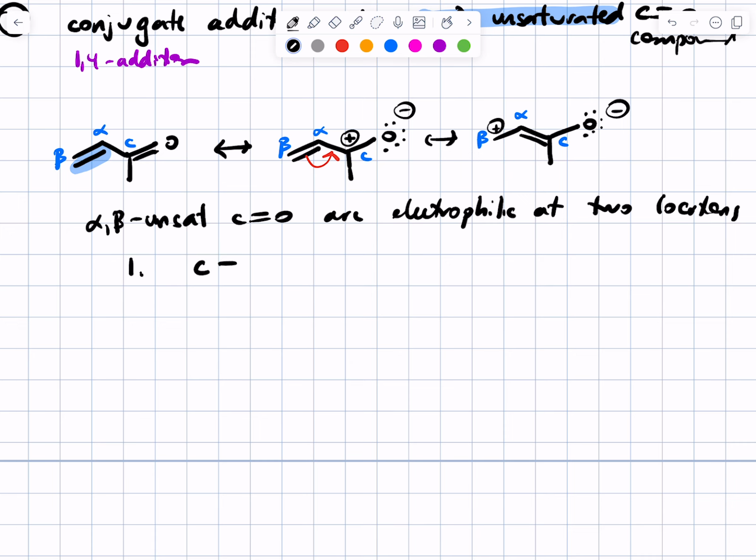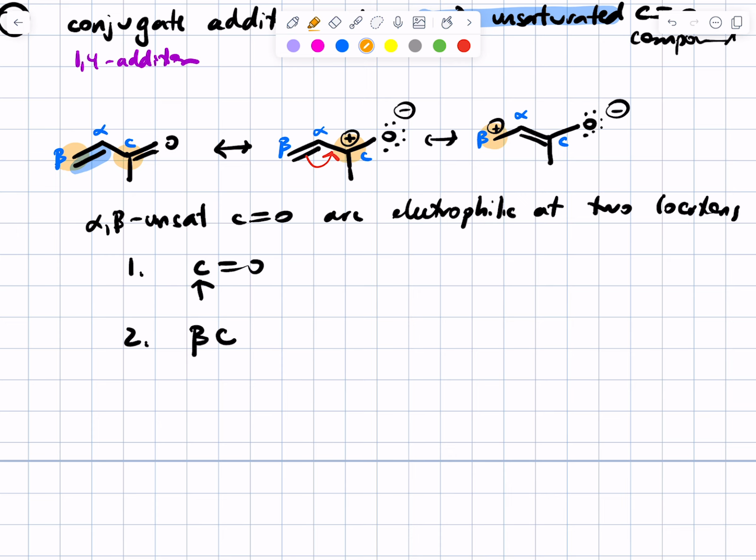The first is the carbonyl carbon, the second is the beta carbon, highlighting in orange the electrophilic portions of this molecule. That means a nucleophile will have to decide: do I attack the carbonyl carbon or do I attack the beta carbon?